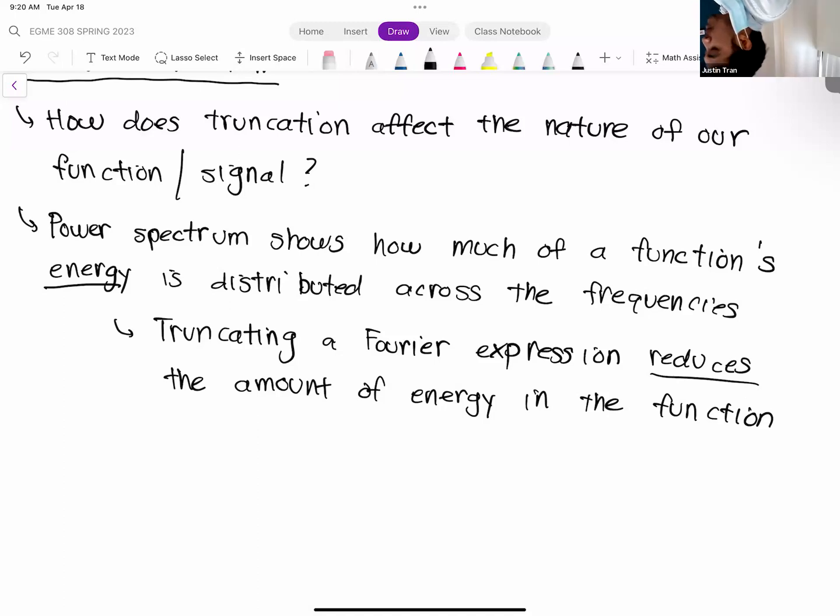That's one thing to keep in mind when you're truncating. When you're truncating a function, or truncating its Fourier expressions, it's naturally going to have less energy than it did before.